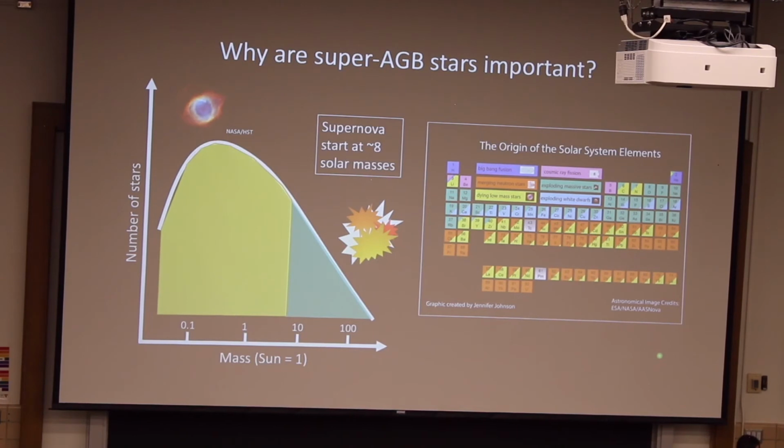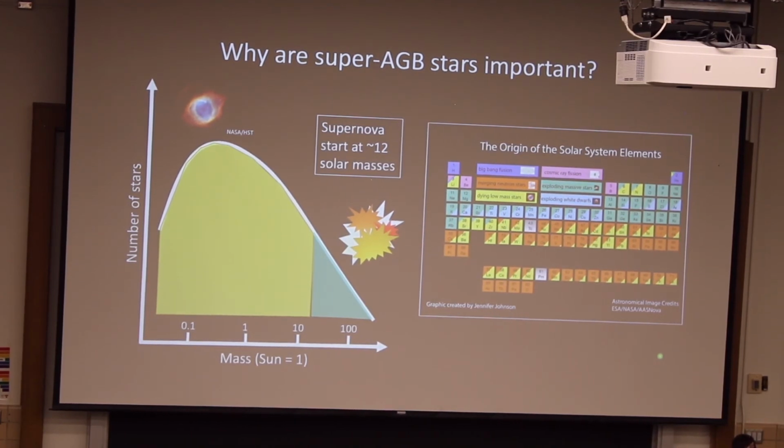But if that's wrong, if studying super AGB stars tells us no, supernovae actually go off at higher masses, at 12 solar masses, because there are more low mass stars, that dramatically changes the ratio of the yellow elements to the green elements. So it changes what the makeup of the universe, what we expect it to be. So that is why super AGB stars are just as cool.